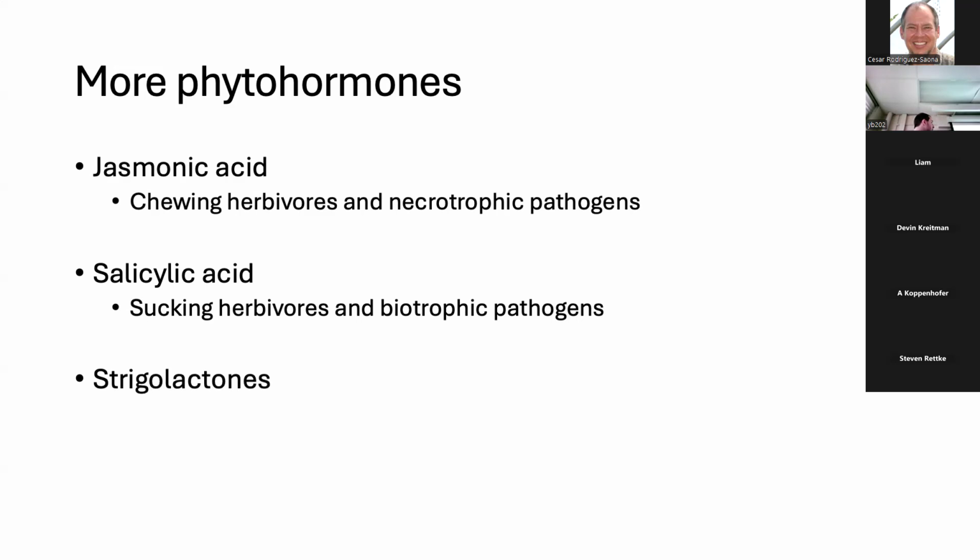There are a couple other phytohormones, such as strigolactones, which, while this isn't directly defense, are phytohormones that promote mycorrhizal growth, which is symbiotic fungus. So when we think of these three phytohormones, they're not helping directly with growth or development.